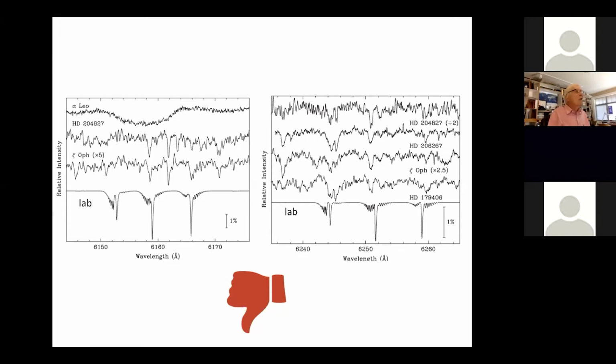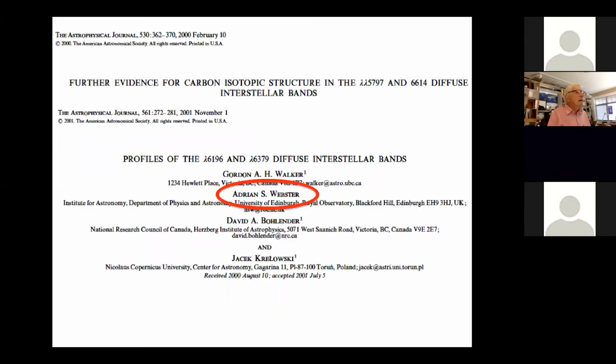So moving on. I was also working with Adrian Webster. I have to point out there are many people in the world who were working on these things at this time. I'm just giving you my perspective on the work that I was involved with. But Adrian Webster at the observatory in Edinburgh had some rather brilliant ideas.